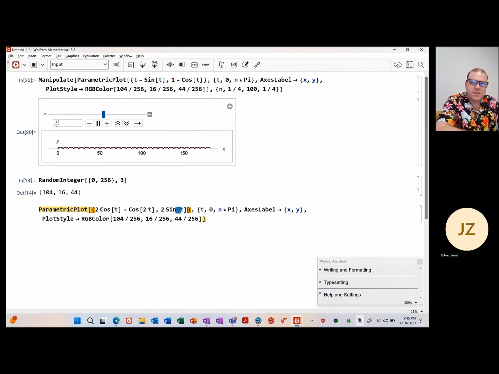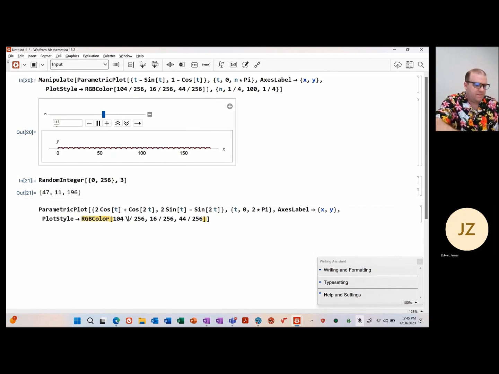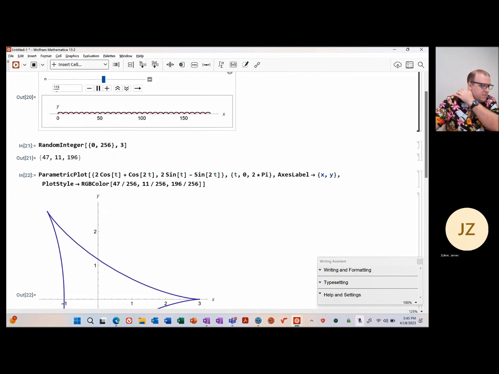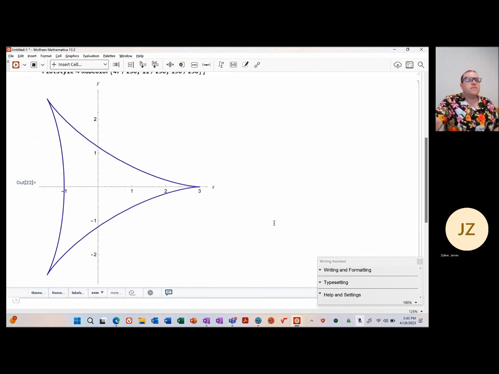Two sine of t minus sine of 2t. So there's the shape.